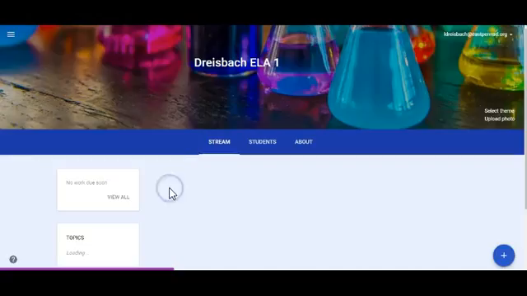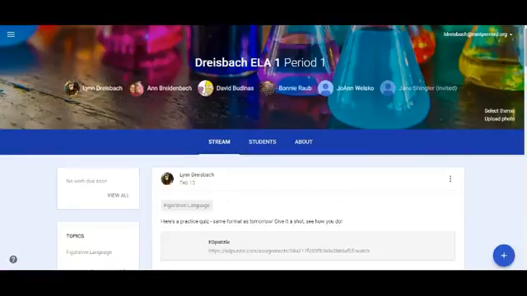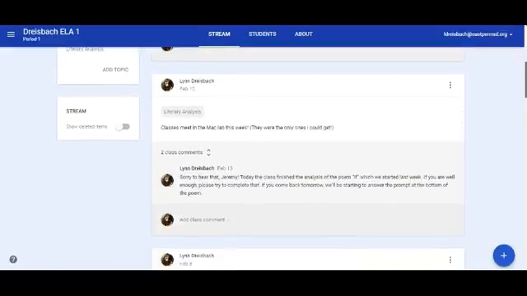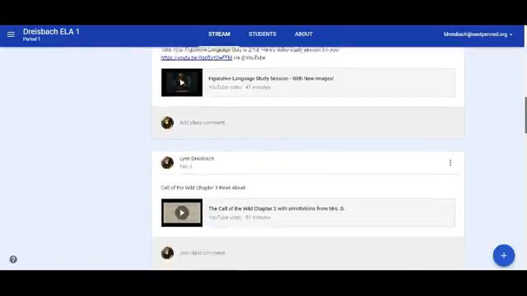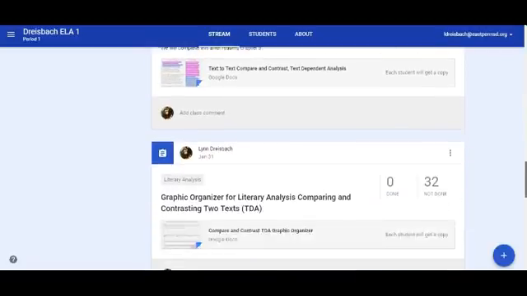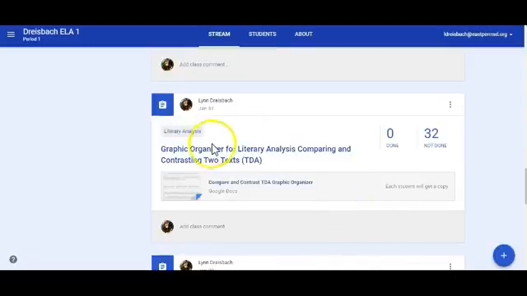So you go into your classroom, you scroll down to the Graphic Organizer for Literary Analysis, Comparing and Contrasting Two Texts. So when you click this, you will get your own copy to start working on. So you need to look for this one, dated January 31st.